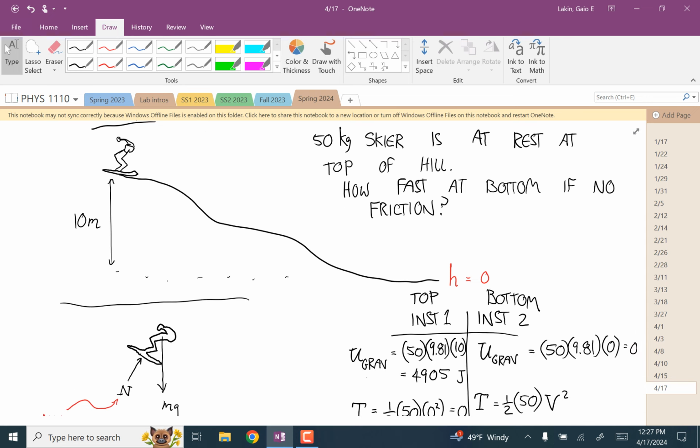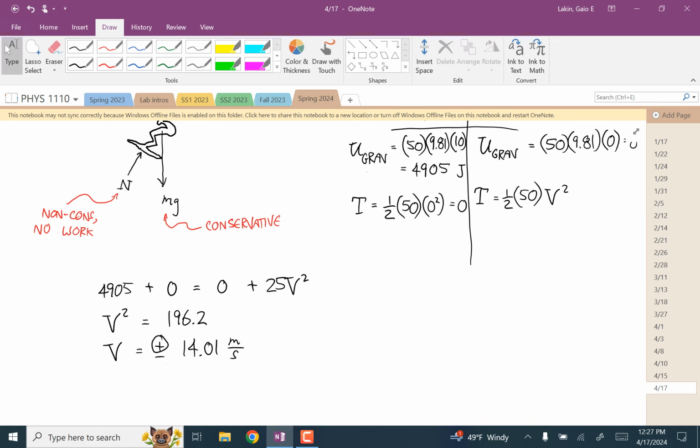This is all assuming there's no friction, which is a good assumption in some cases and not so good in others, but that's the answer. So you can see that in the right setting, it makes calculations that you wouldn't be able to do using Newton's laws really quick and easy.